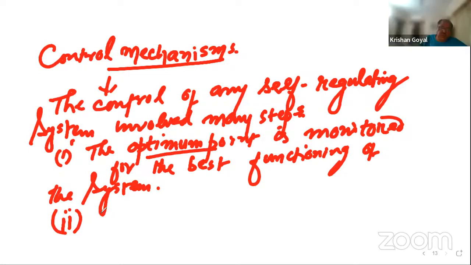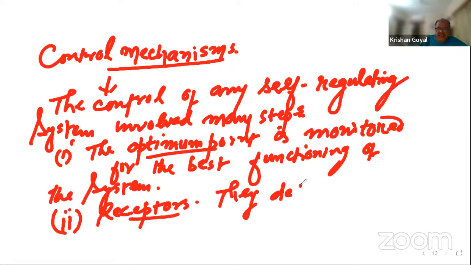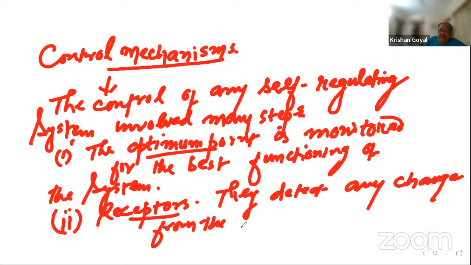Number two, receptors. They detect any change from the optimum point.